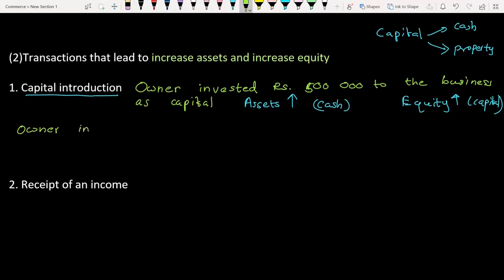Owner invested his private or personal motor vehicle. We need to write the value of the motor vehicle now.